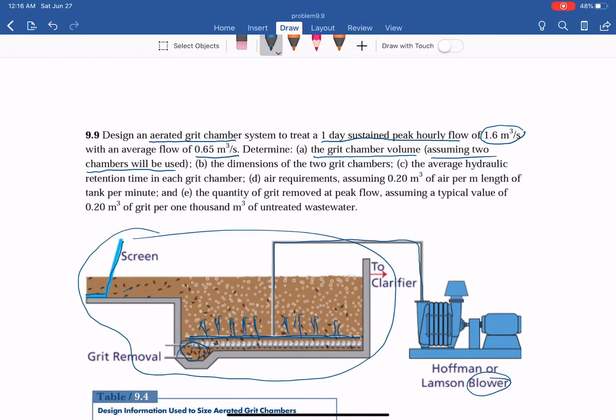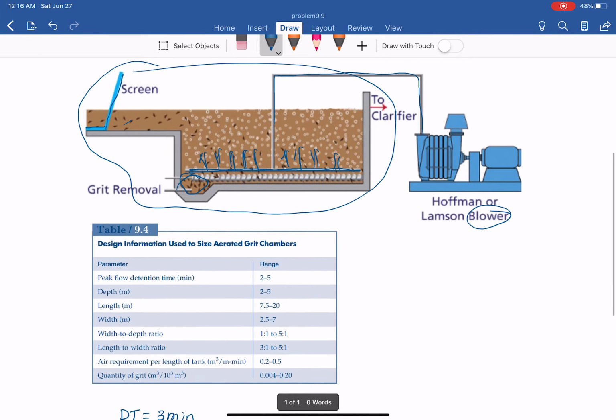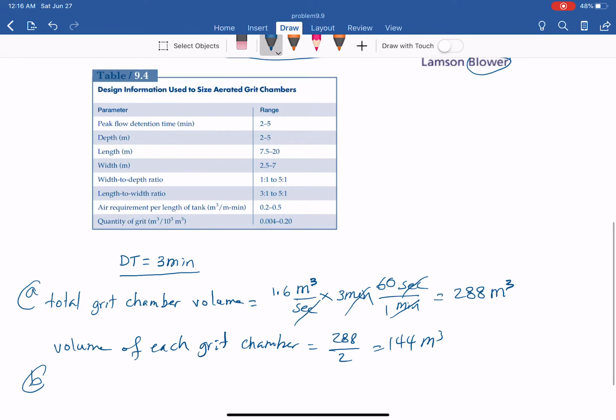Okay, so we will be using the peak hourly flow to find the volume. And before we start this, we need to determine the detention time that is needed in order for this grit, the inorganic solids, to settle to the bottom of the tank. So how many minutes, how many seconds will this grit stay inside the grit chamber before it is removed?